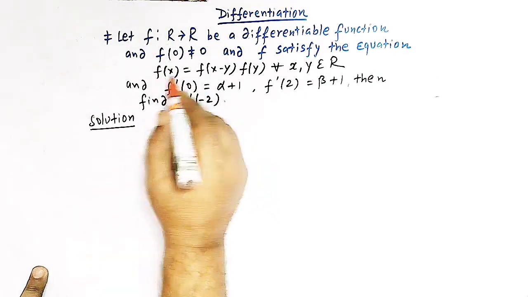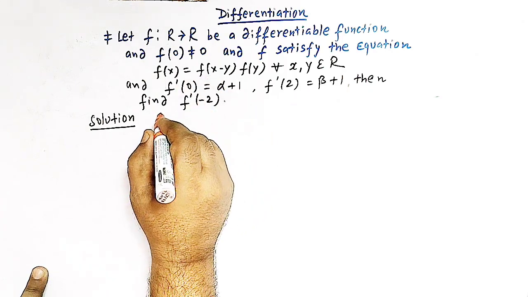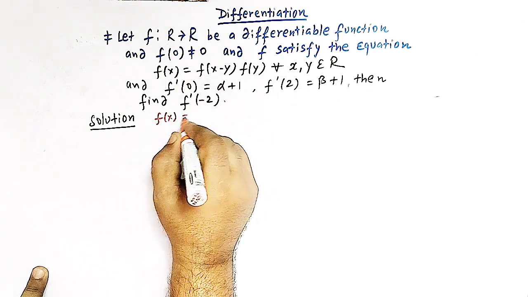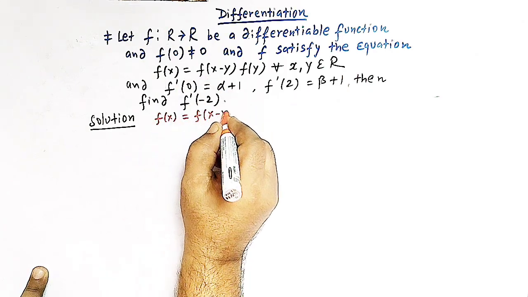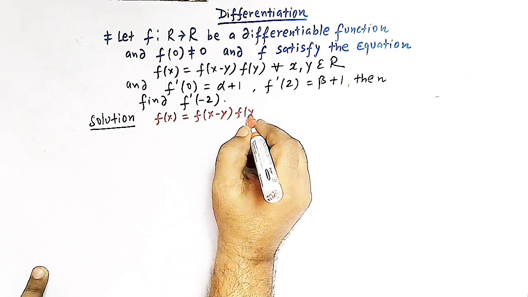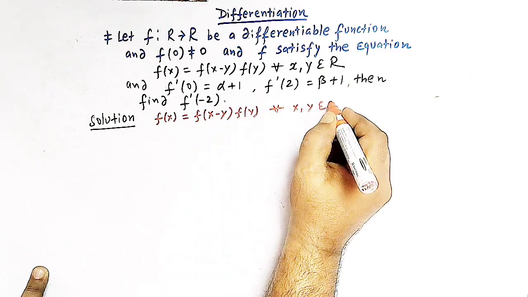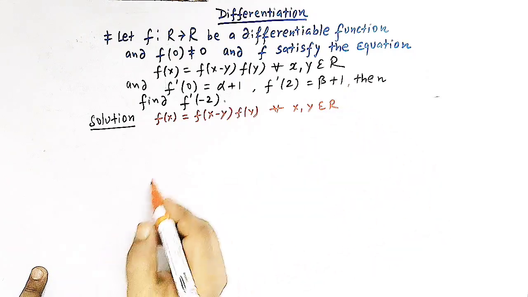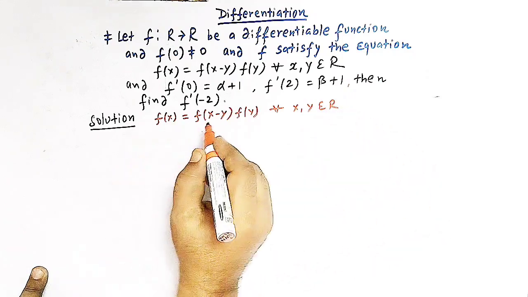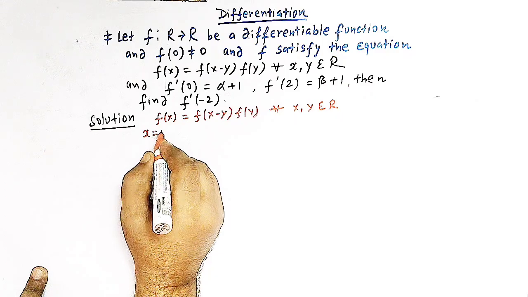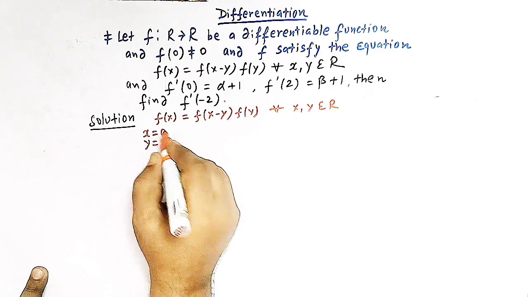So let us start with this equation, that is we are given f of x is equal to f of x minus y, f of y for all x, y belonging to the set of real numbers. So let us first take x is equal to 0 and y is equal to 0.